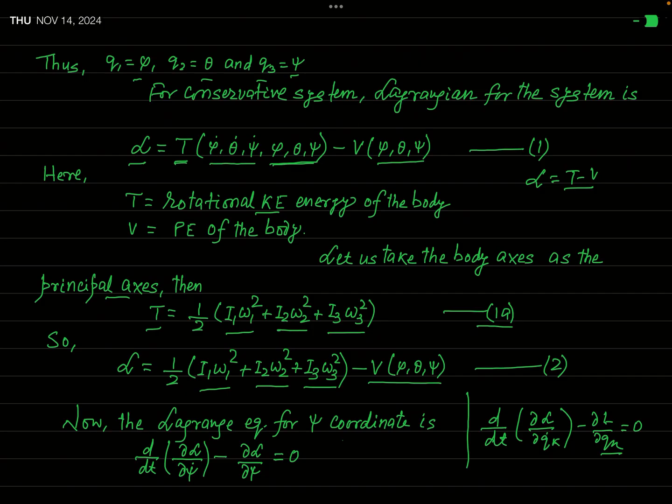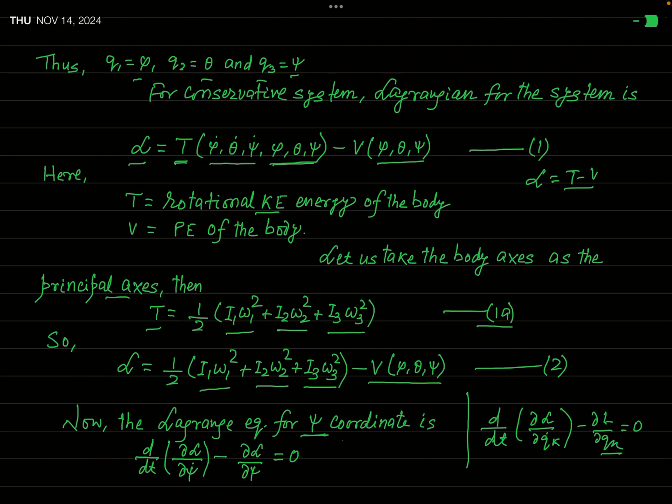First of all we will write the Lagrange equation of motion for any one generalized coordinate, and for convenience we select psi to write down the Lagrange equation. You may write this equation for phi or theta, any one. When we write the Lagrange equation for the generalized coordinate psi, that is the third Euler angle, which is rotation about the z-axis, we will get one of Euler's equations.